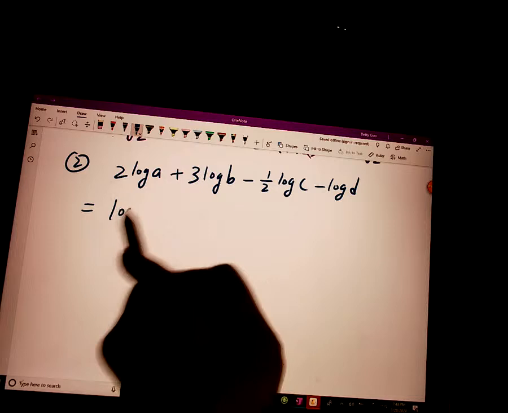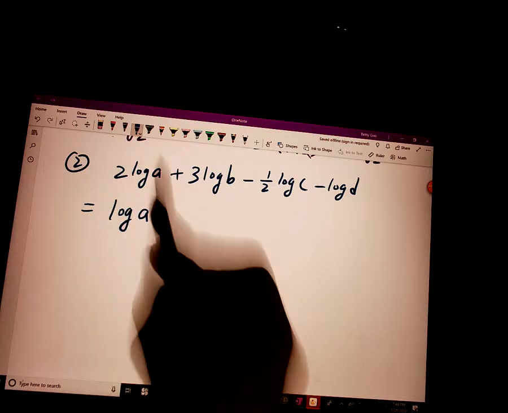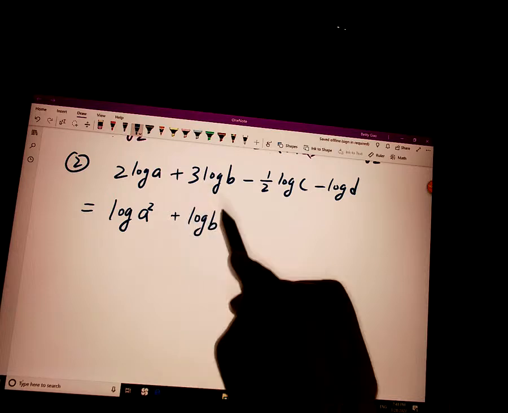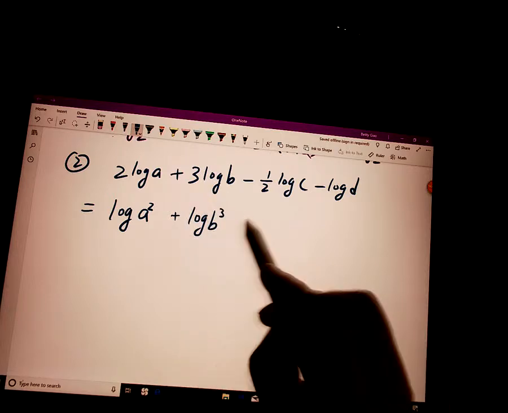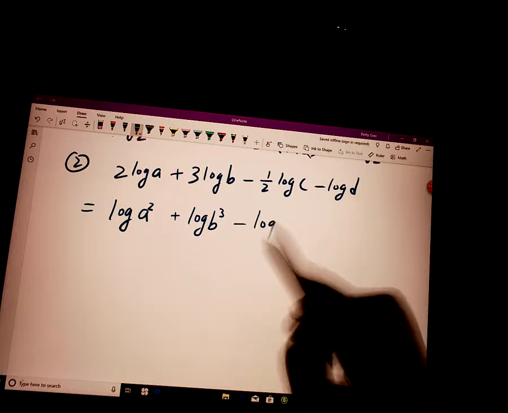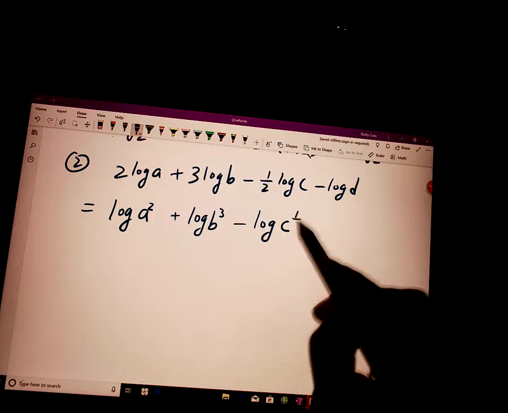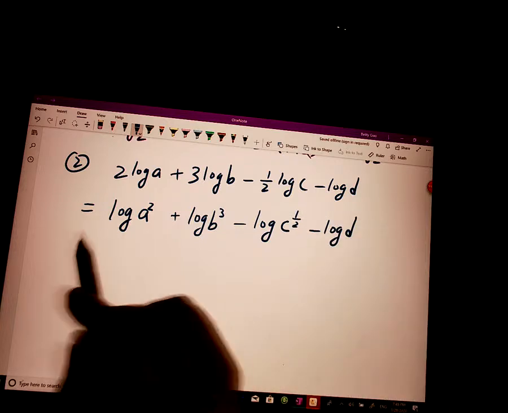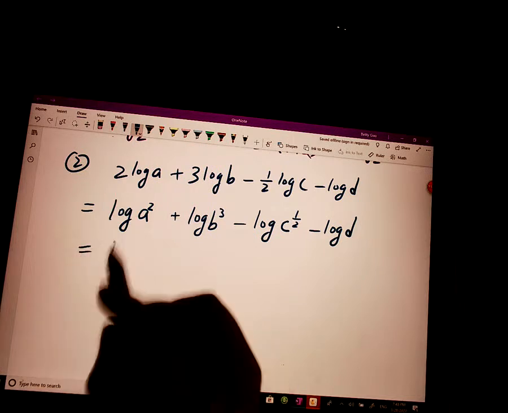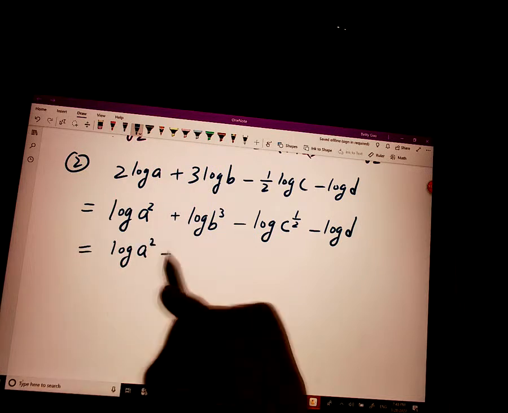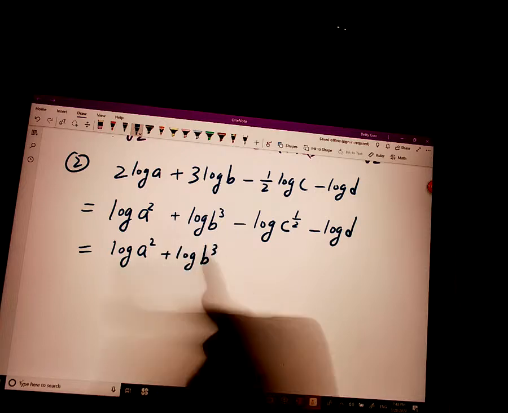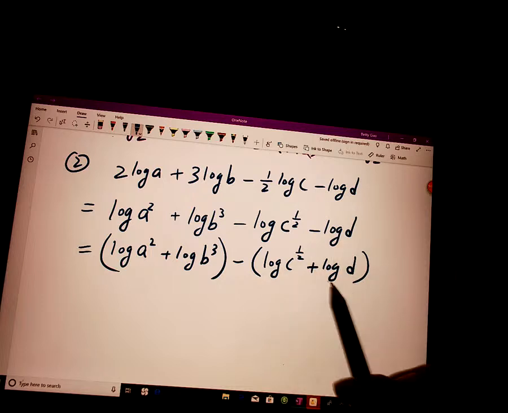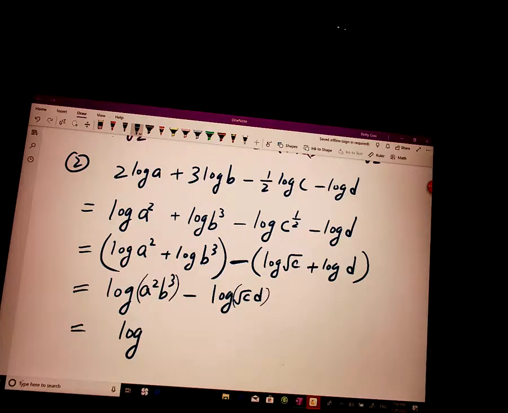By the power rule, I put 2 back on the shoulder of A. By the power rule, I put 3 back on the shoulder of B. And here, I put a half on the shoulder of C. And then log A squared plus log B cubed. Because I grouped them inside a group, they are both positive. Be familiar with those properties.